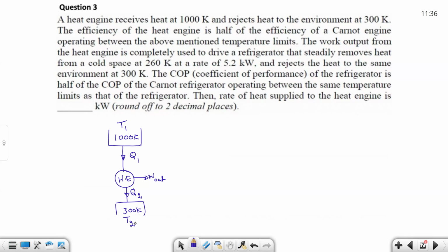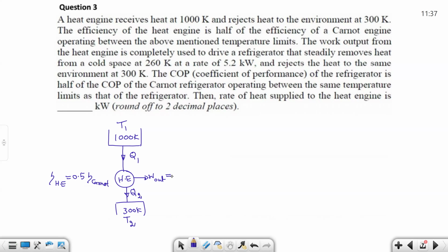So the efficiency of this heat engine is half of the efficiency of the Carnot cycle. That is, half of the efficiency of a Carnot engine operating between the same temperatures. The work output from the heat engine is completely used to drive a refrigerator.